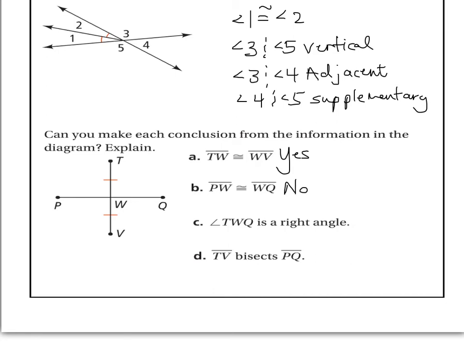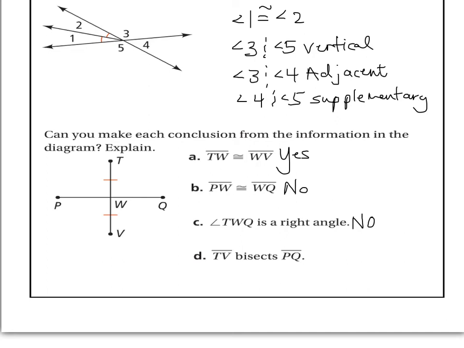Okay? How about angle TWQ is a right angle. Is there a marking here for a right angle? No, there's not a little box here. If there's not a little box, nope, you cannot conclude that. Cannot conclude that that's a right angle. Can you conclude that TV bisects PQ?